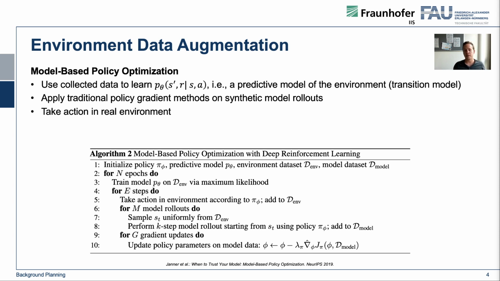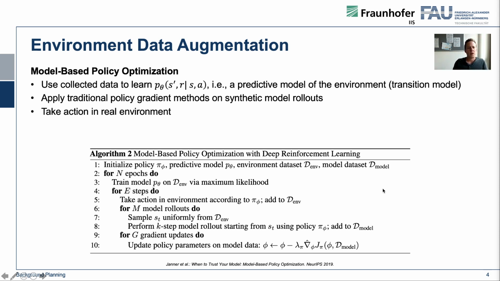And what we then do is take G gradient steps. We take the data that we observe from our model and run a policy gradient update using the data we just got through the interaction with our environment model.